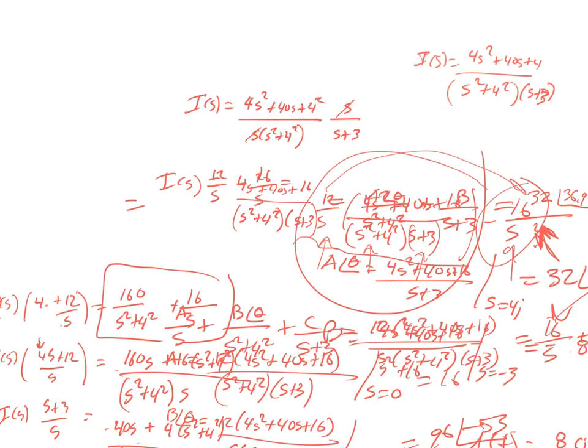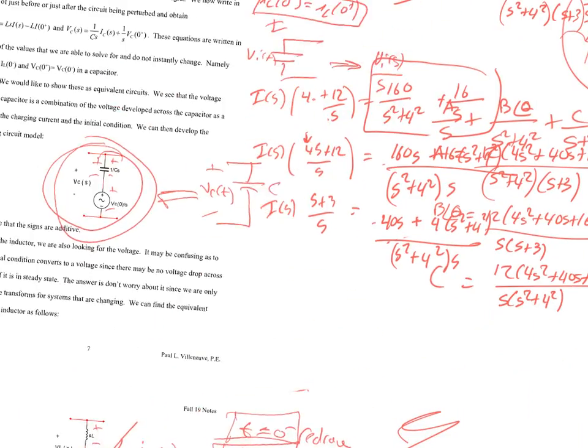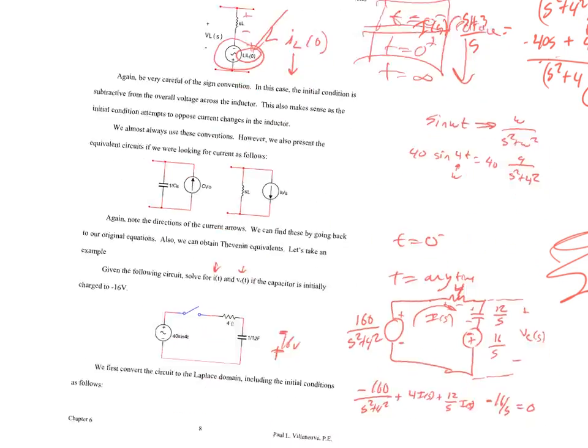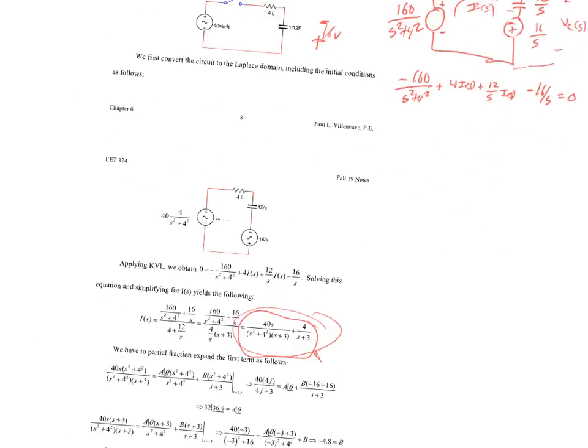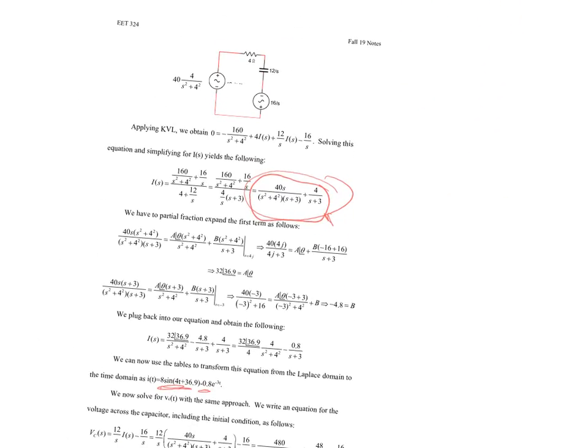So I included that s plus 3 element in there, which is different than what I did here. See how I kept them separate? I didn't do a common denominator there. So that's primarily what happens, just a slightly different way of combining the terms. We'll get the same results as long as you did the algebra correctly. It's just a different way of doing it. Okay? But you would get the same results.